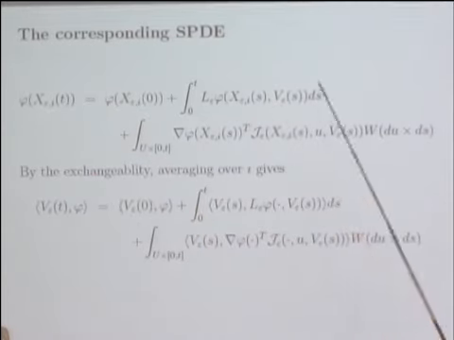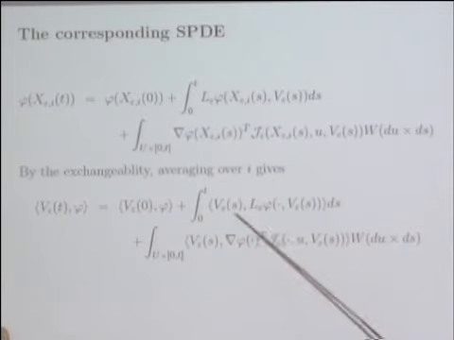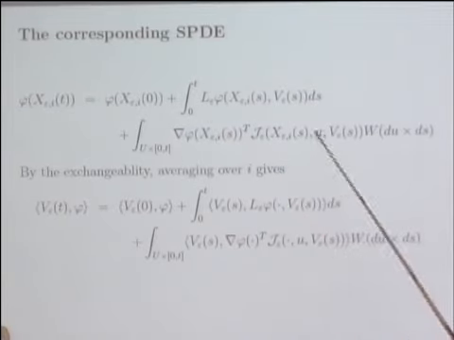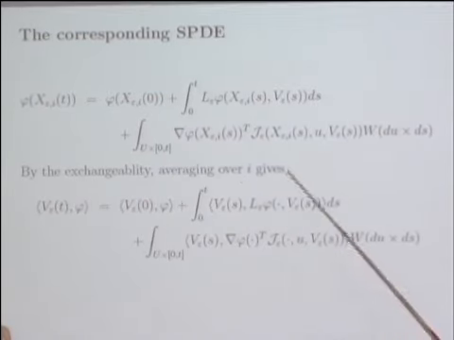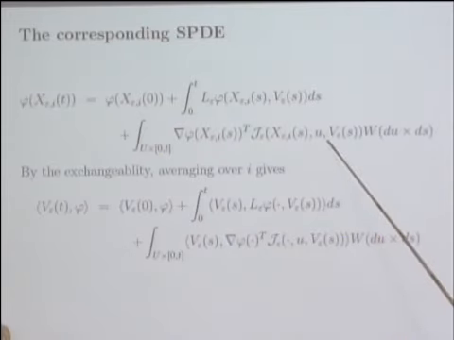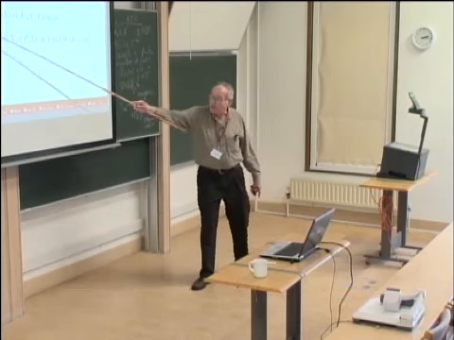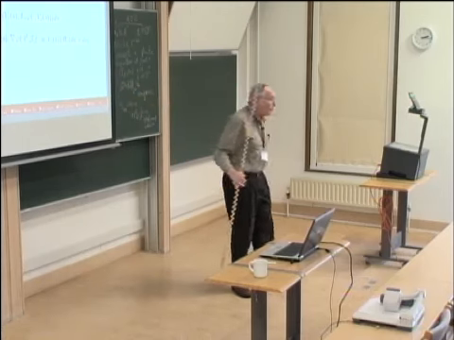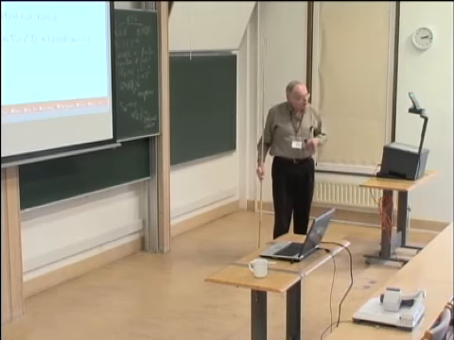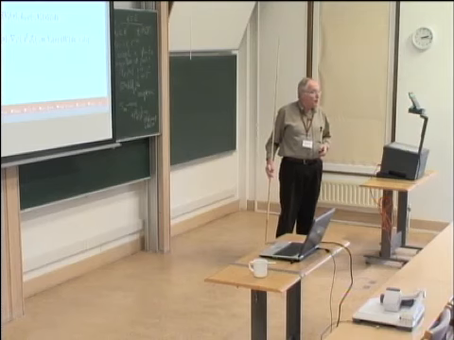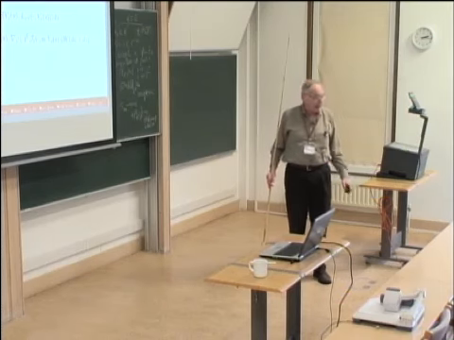I can move the averaging inside, and this integral is going to go to this. I move the averaging inside, and you have to invoke some kind of a theorem about stochastic integrals, but the limit of the average of this is this. And so I end up with this identity holding for every nice test function phi, and that simply says that V is the solution of the SPDE that I had at the very beginning.